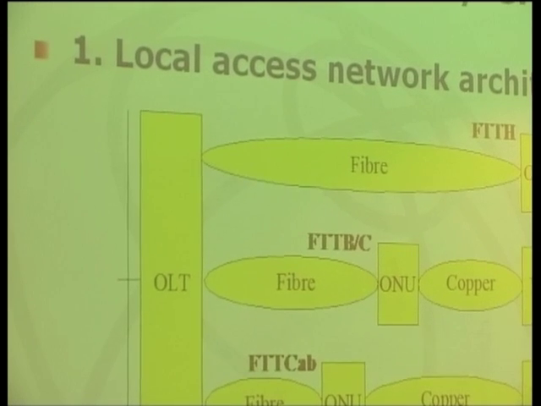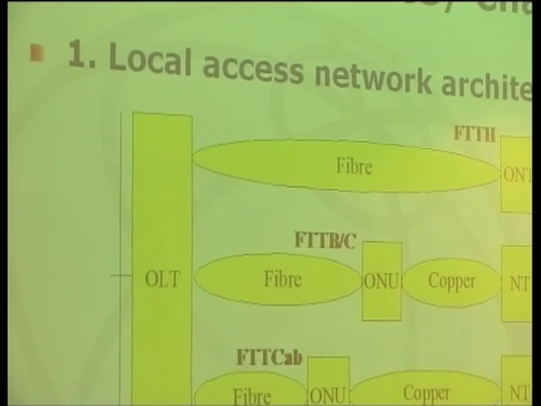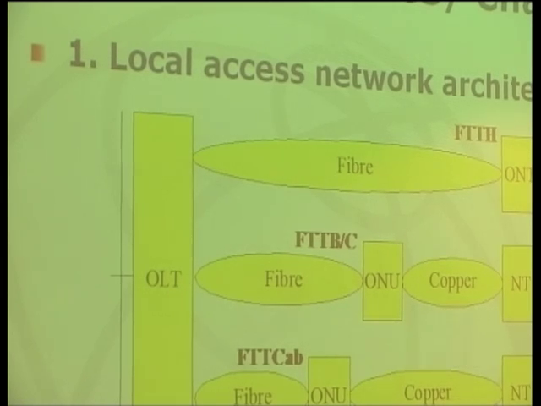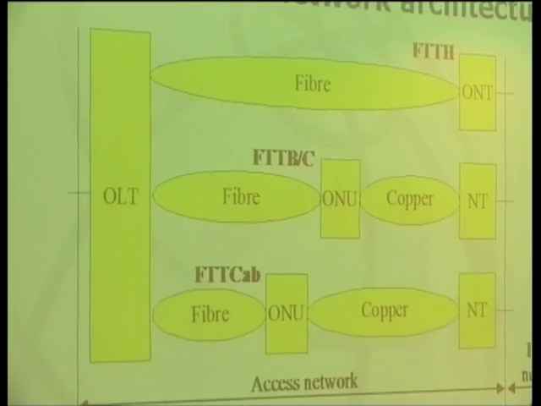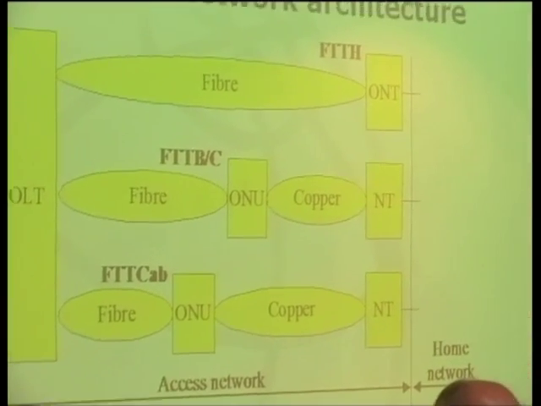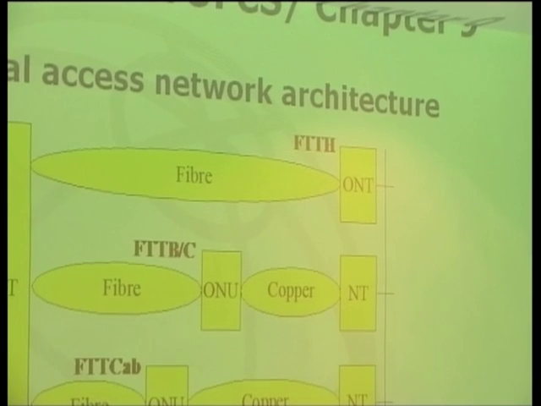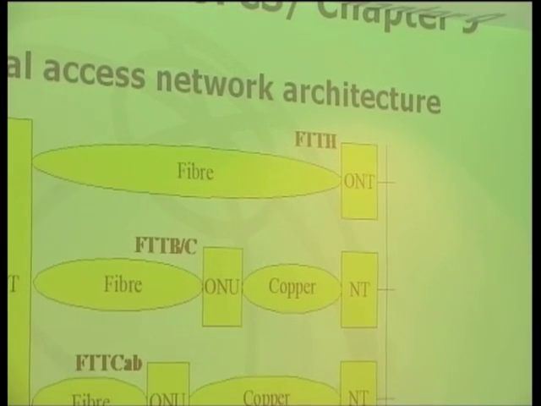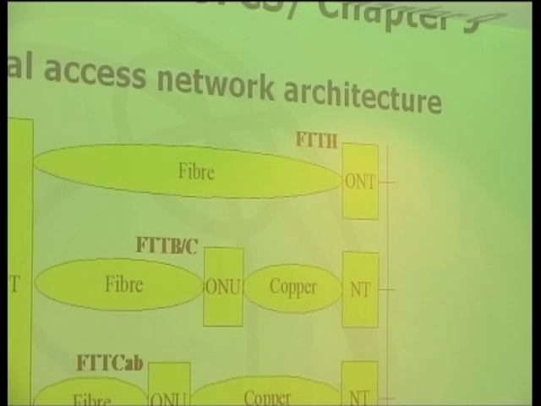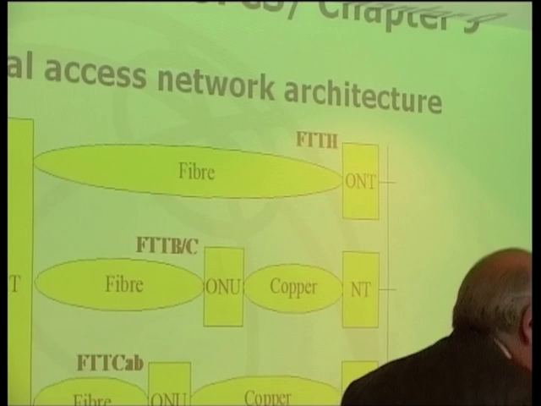On the right-hand side, we have the home network, which is the network of the customer inside his own home. And we can have the fiber reaching the home or reaching some point in the open air, and from here, reaching the home via copper pair. We already saw the concept, we already saw the pictures. This is the reference diagram.